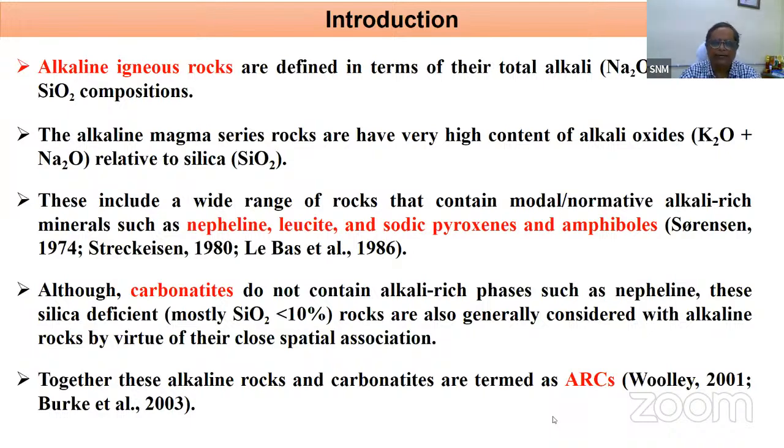So when nepheline or leucite, basically feldspathoids, and sodic pyroxenes and amphiboles are present, obviously the rock will be undersaturated with silica, or quartz-absent rocks. These are called alkaline rocks, and these include many kinds of rocks, like nepheline syenites, syenites, and other series of rocks.